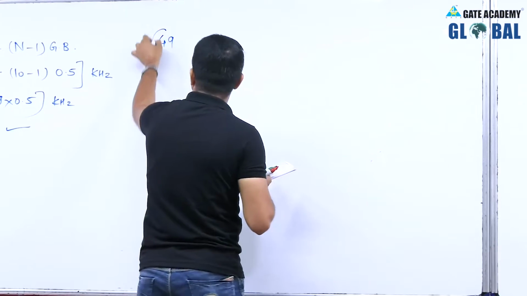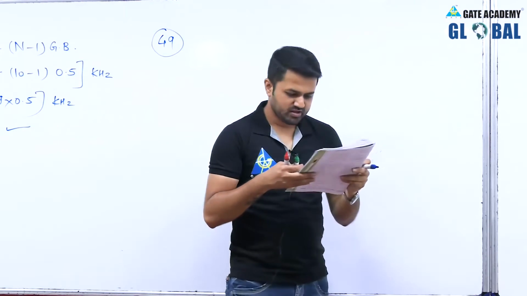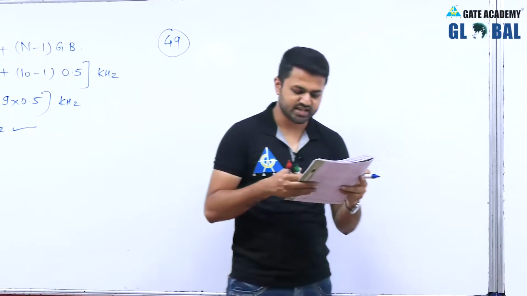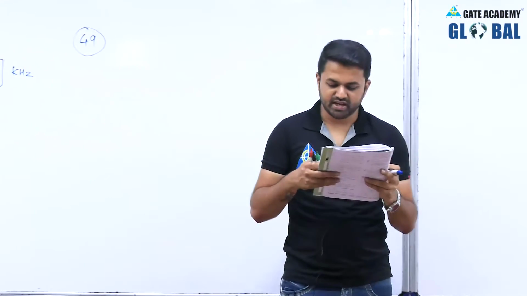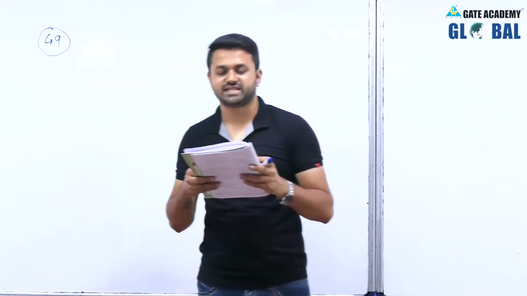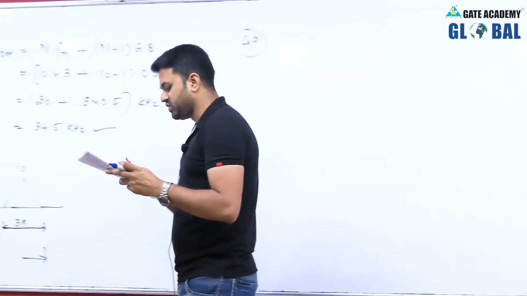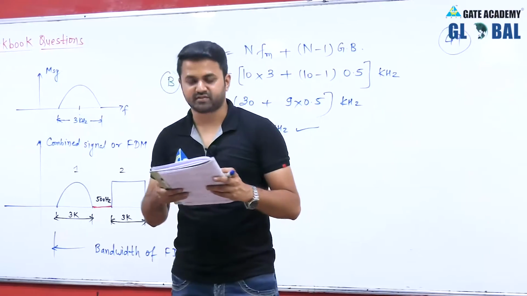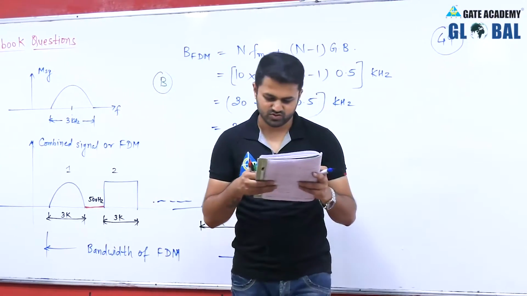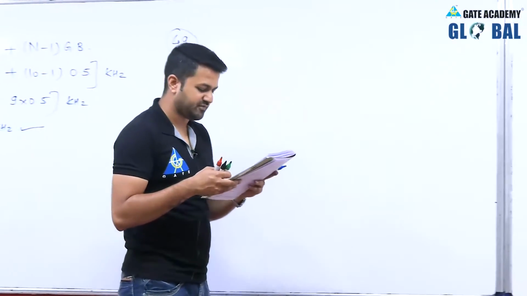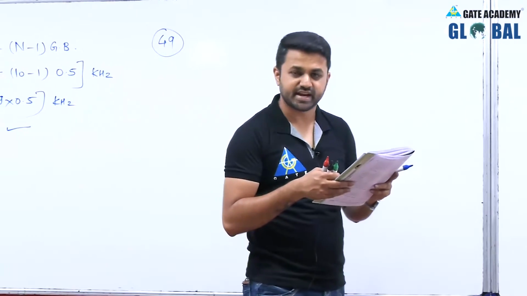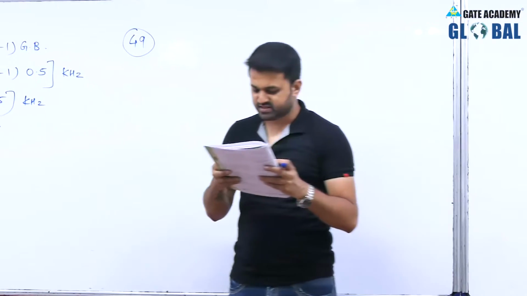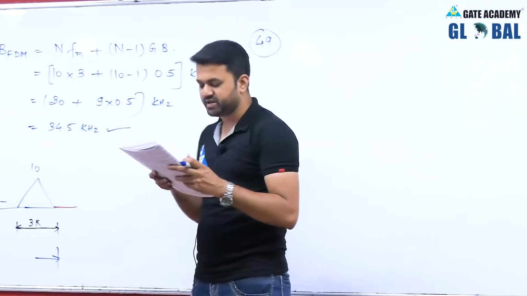Question number 49. It is an assertion and reason question. The basic group in an FDM system occupies a band 60 kHz to 108 kHz in frequency. So we know that the basic group in FDM occupies this range, so this is correct. The reason is the voice channels in FDM are band limited to 4 kHz.